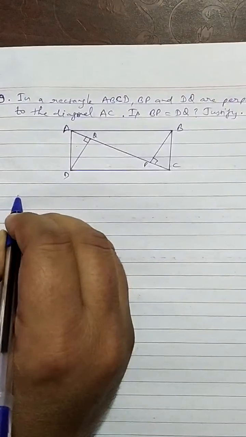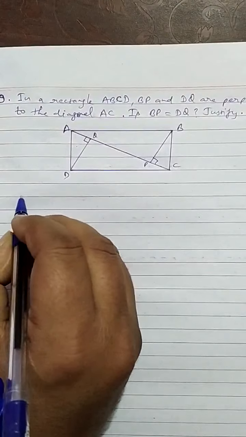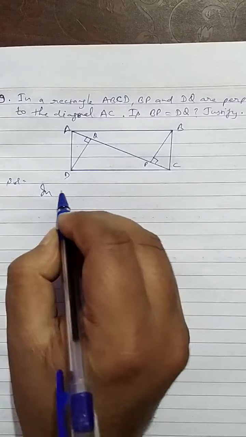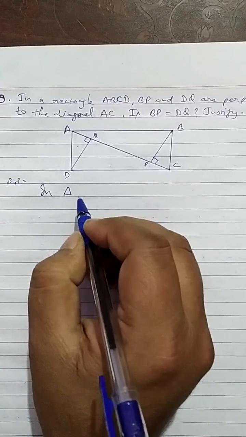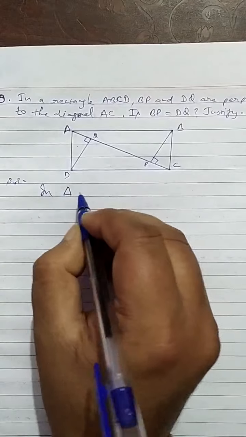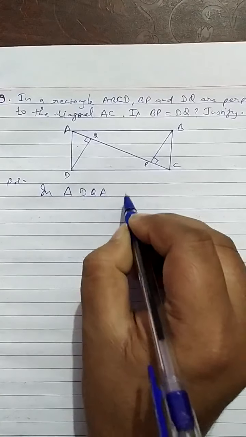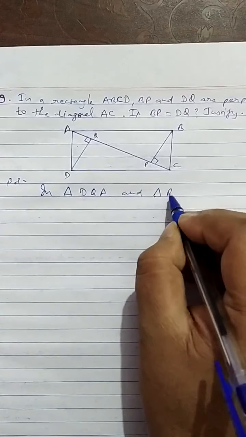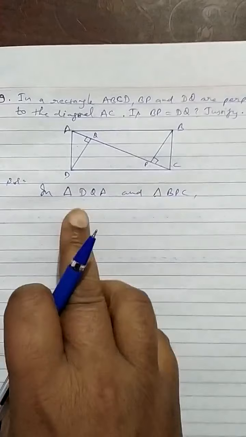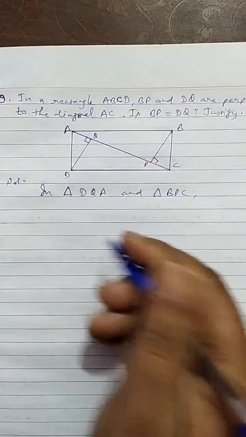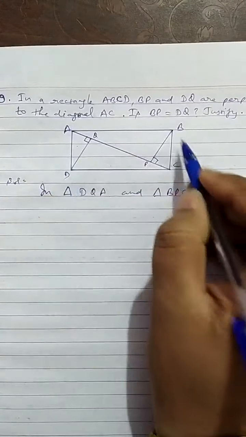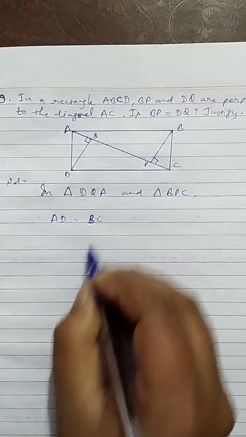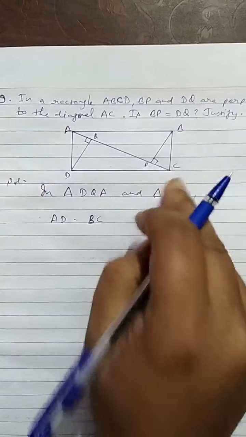Okay, so first we'll write here, in triangle DQA and triangle BPC, three things that we have to prove. First is AD is equal to BC.